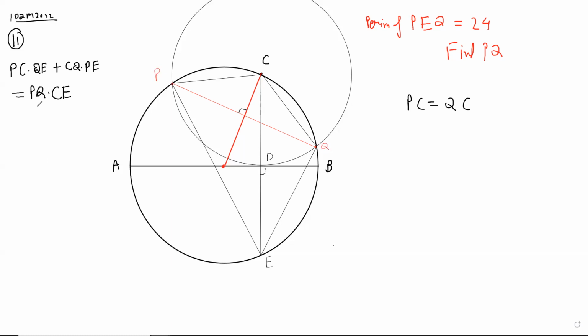So how do we apply this? We already know that PC and QC are equal, so I'll just call them X. Oh, this is actually a perfect setup for Ptolemy's theorem, right? You see, this quantity also is PE plus QE.